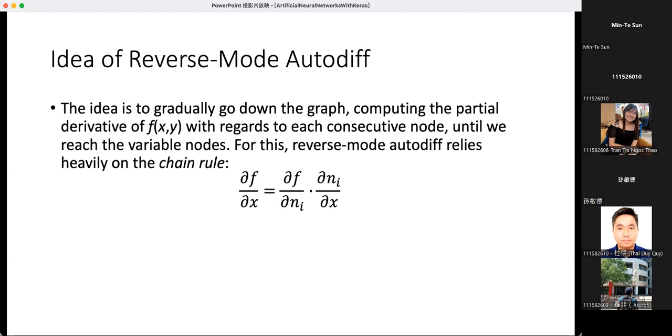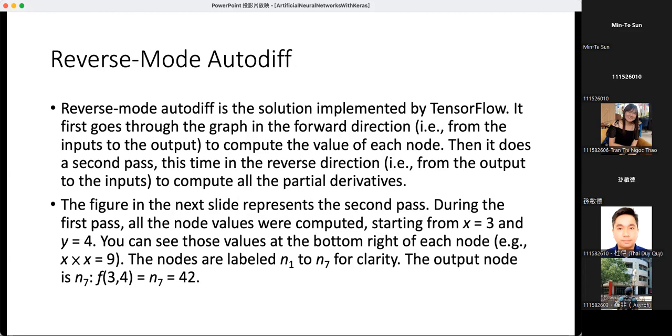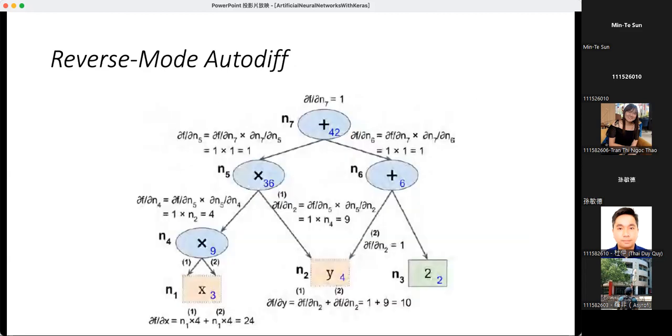So then, what is reverse mode autodiff? We first give each node a different name. You see the X, we call it N1. For Y we call it N2. For 2, we call it N3. For X squared, which is X times X, we call it N4. This node representing X squared Y, we call it N5.